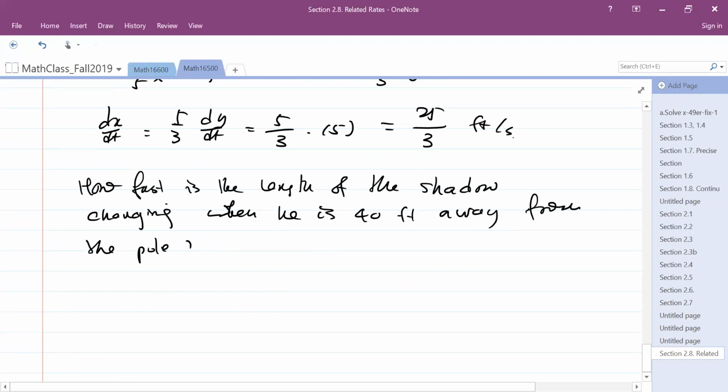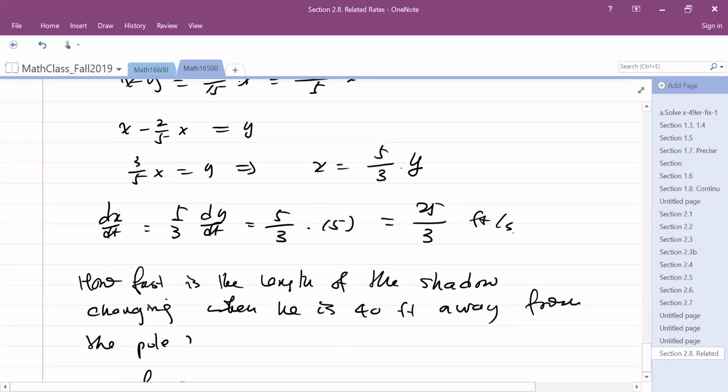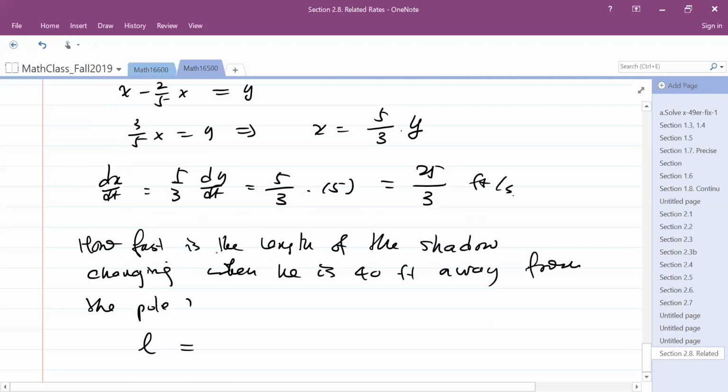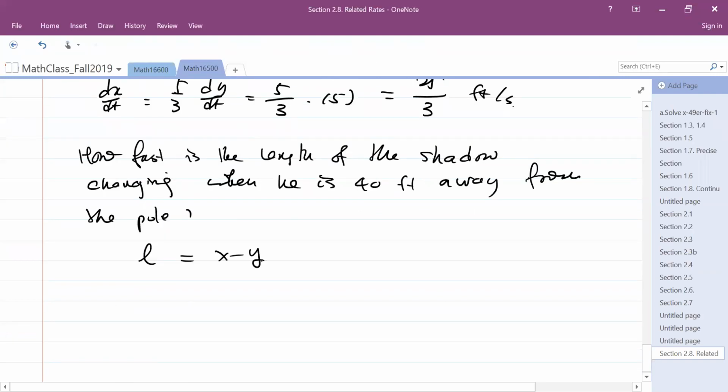The length of the shadow L, if you look at the picture again, is going to be x minus y.